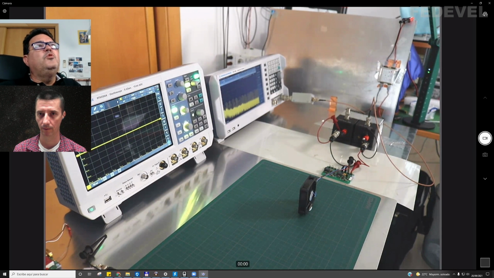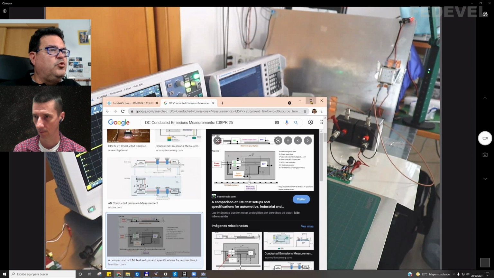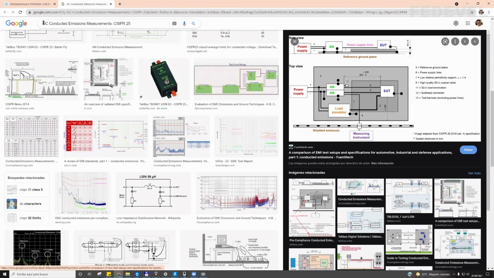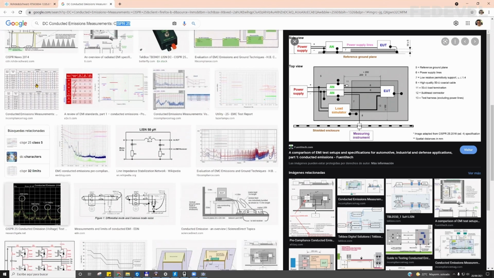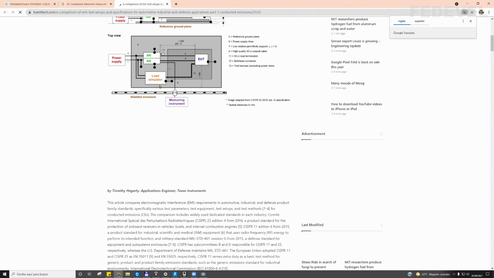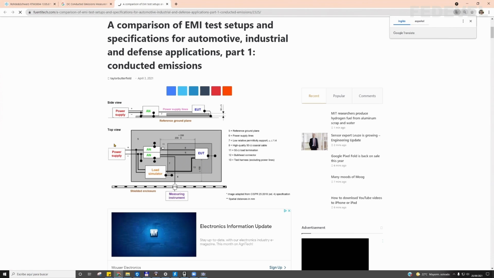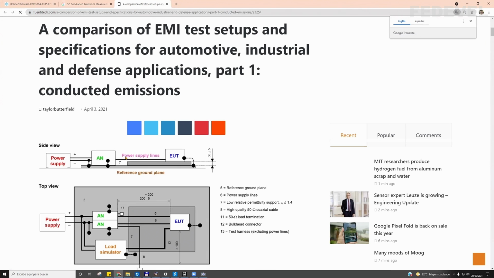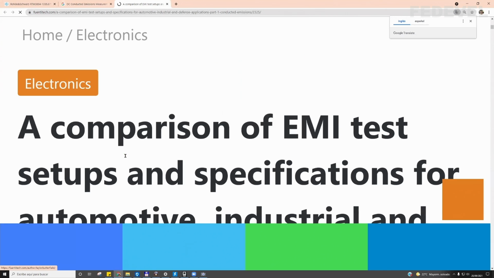But for example, if you go to Google and search, for example, DC conducted emissions measurement CISPR 25, if you are interested in this standard, you will find some documents where you can find some replica of what you will find in the official regulation. So for example, here you can find, following this CISPR 25, the idea.